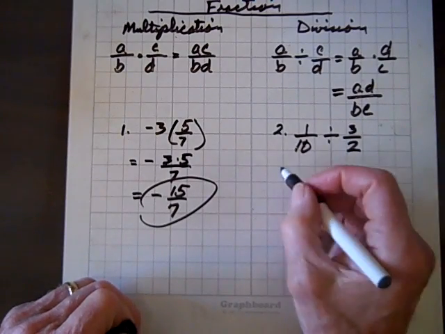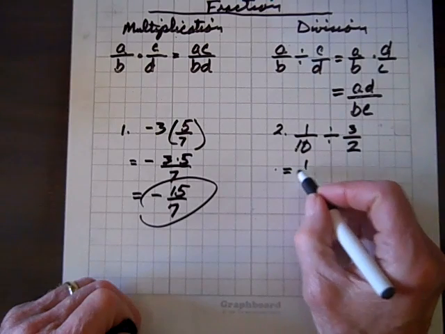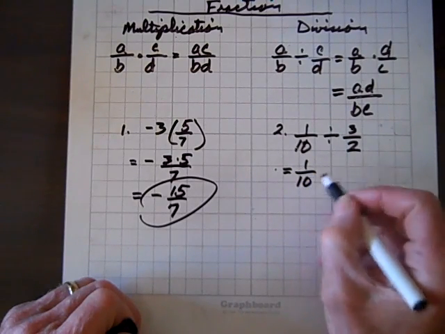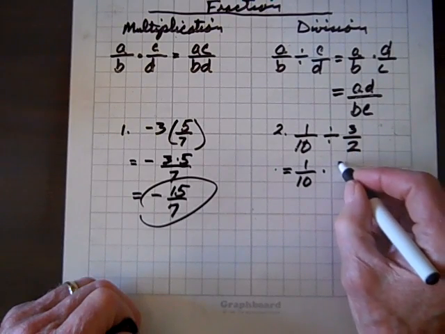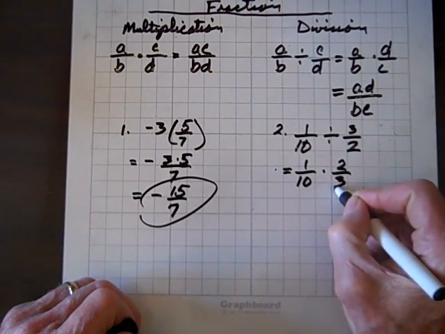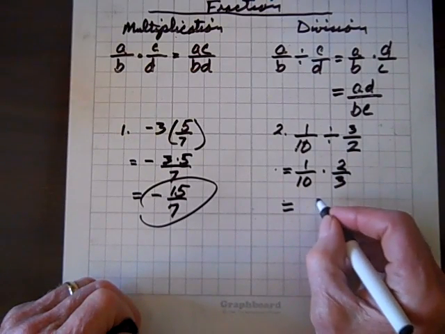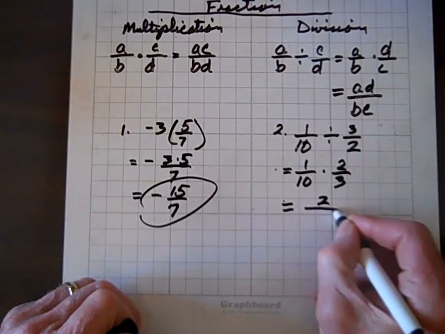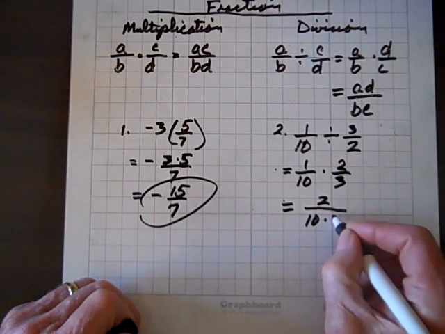For 2, our first task is to invert so we can have multiplication. So inverting 3 over 2, we get 2 over 3. And now this equals 1 times 2 is 2. And we have a 10 times 3.